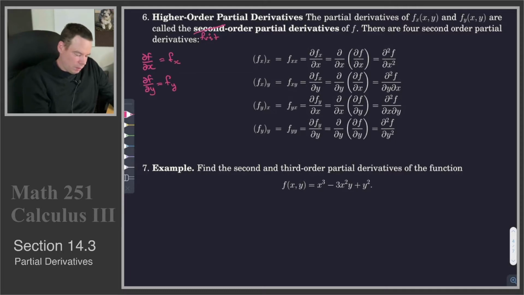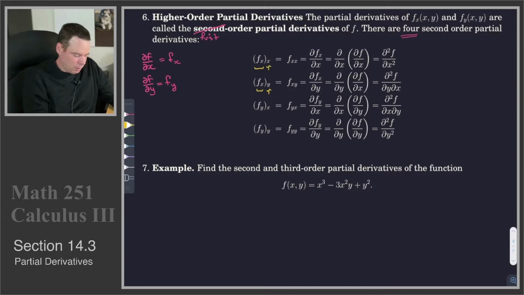And so in that case, we've got 4 kinds of second order partial derivatives. I can take the f sub x, or the partial of f with respect to x, and differentiate it with respect to x, or I could differentiate it with respect to y.